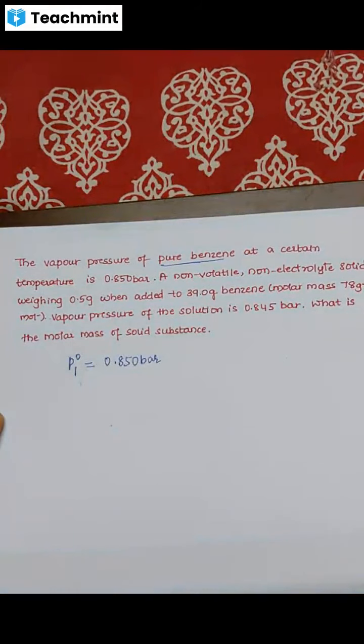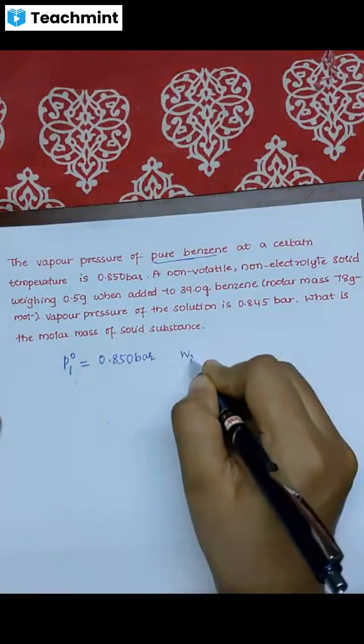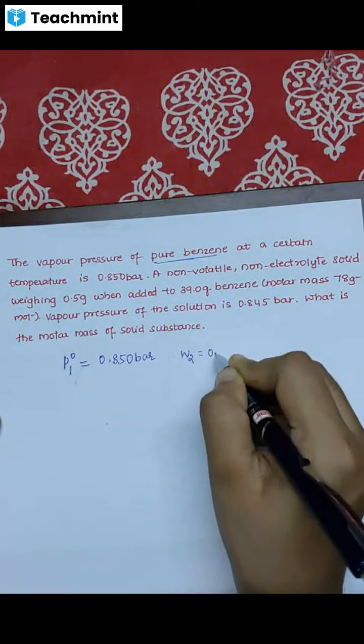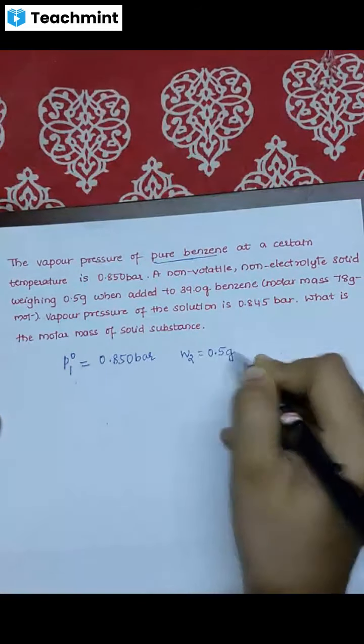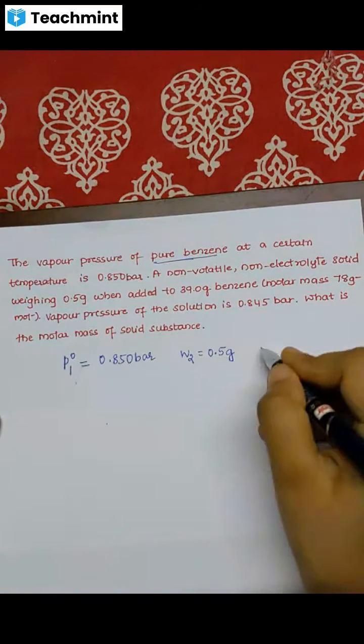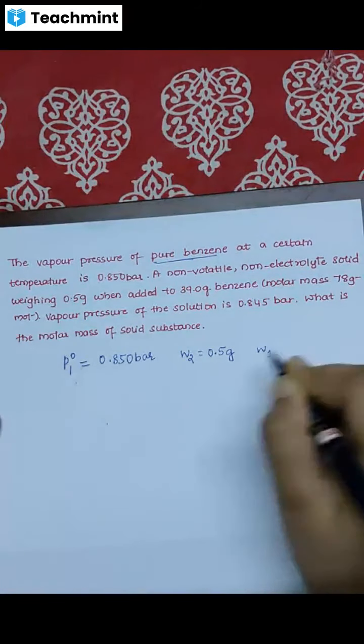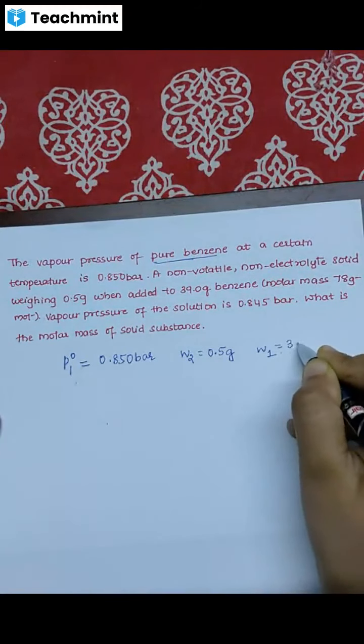Then next, a non-volatile, non-electrolyte solid weighing 0.5 gram, that is nothing but W2 is equal to 0.5 gram. When added to 39 gram benzene, this was solute, this is solvent, 39 gram.